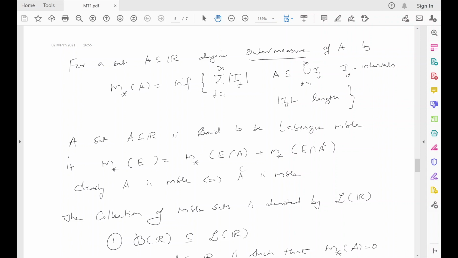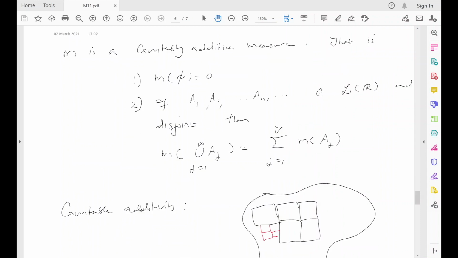Okay, so remember that outer measure is defined for all sets, but that does not have the properties we want. So that is why we restrict it to a subclass of sets called the Lebesgue measurable sets, which is defined using that condition m star of E equal to m star of E intersection A plus m star of E intersection A complement. That is called the Carathéodory condition. There are other ways of defining it. Okay, so this is one such definition.